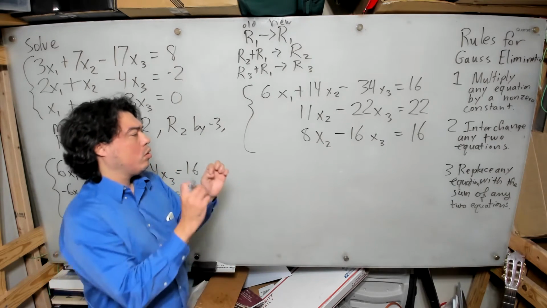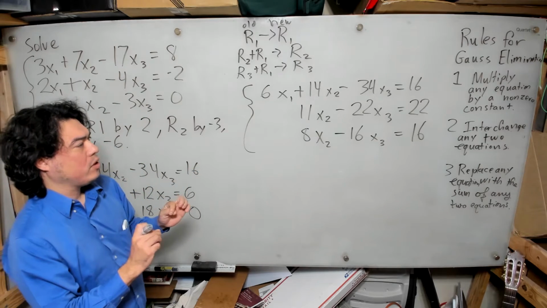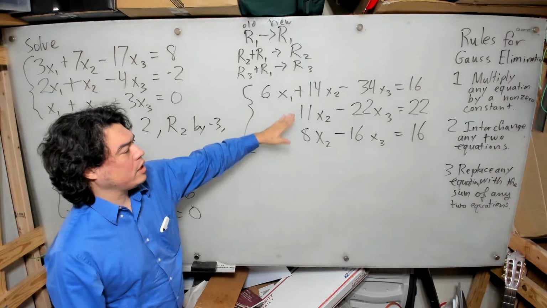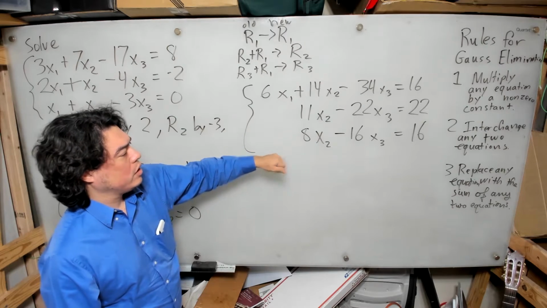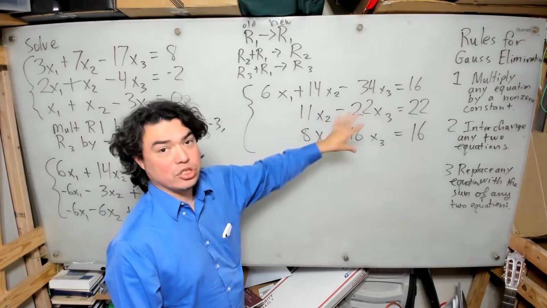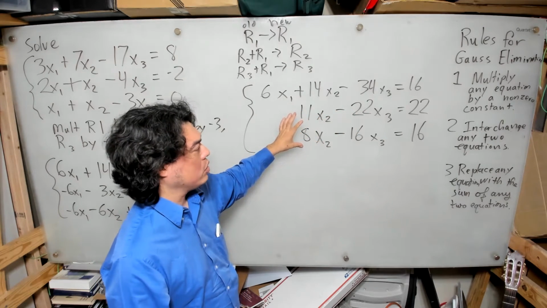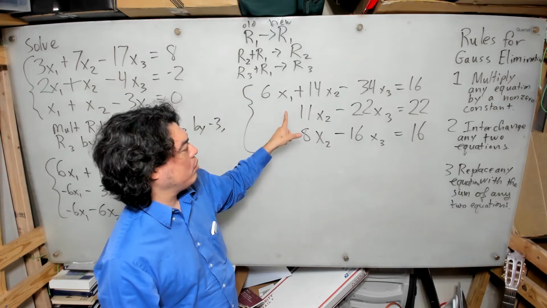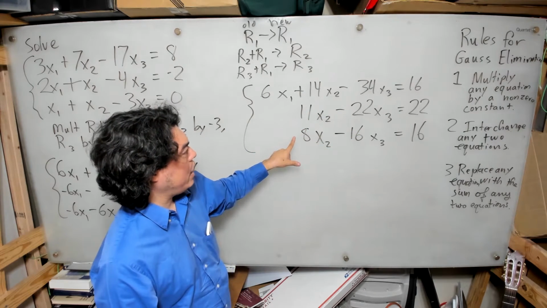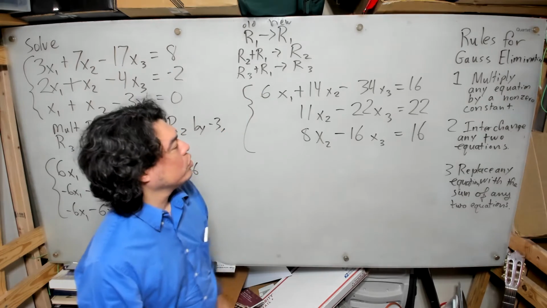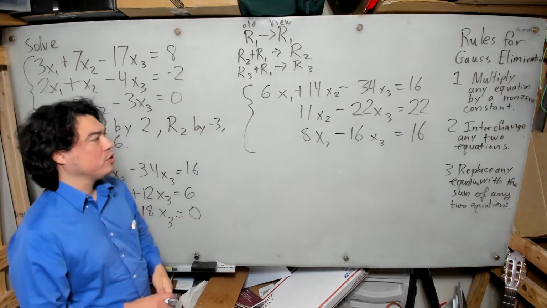But one of the very nice things about this system is that they're both very nice if you divide them out. So what we're going to do right now is divide this equation by 11, this equation by 8, and this equation by 2, to get them in smallest terms.